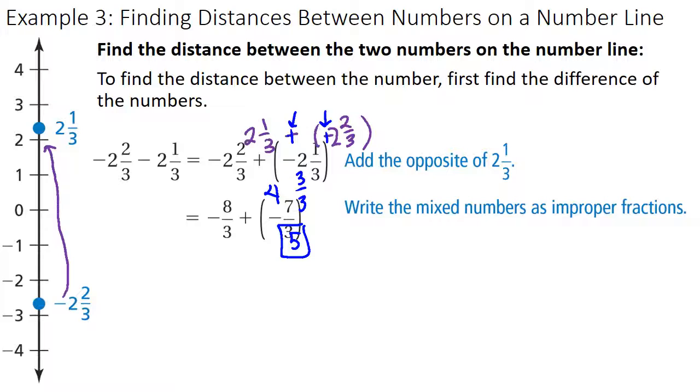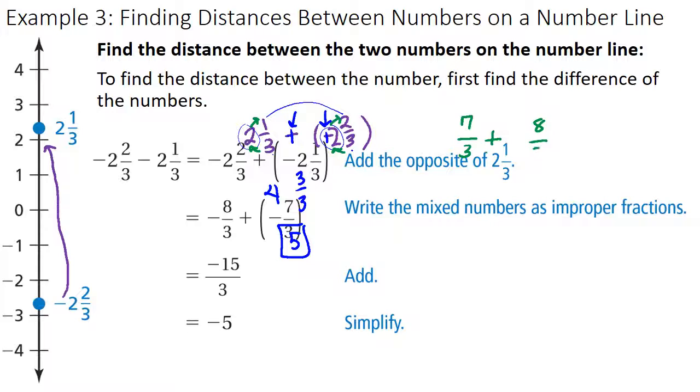Now, if we didn't see how we did that, we took our mixed numbers and added them together, and we saw that our denominators were the same, so we just added our numerators together. But if we want to turn these into improper fractions first, 3 times 2 is 6, plus 1 is 7. So we'll end up with 7 over 3 plus, and 2 times 3 is 6, and 6 plus 2 is 8, so I have 8 over 3.